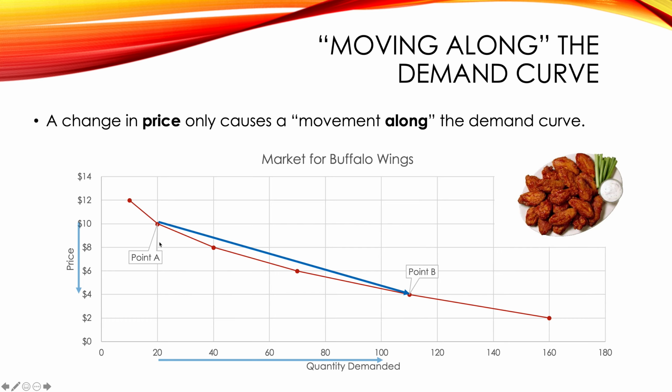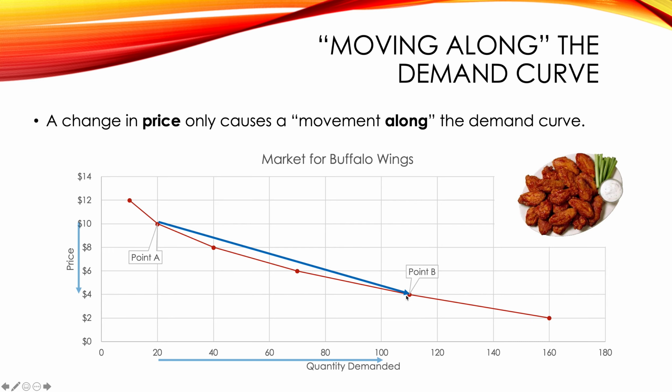In other words, we started at point A where the price of wings was $10, the quantity demanded was 20. And after this price change, because that's the independent variable, we move to point B where the price is $4 and the quantity demanded is, I guess, 110 in between here.